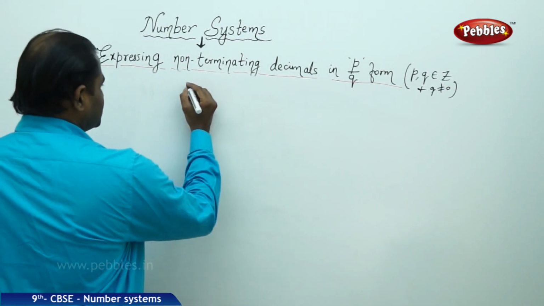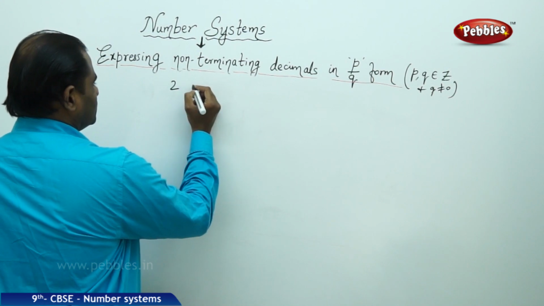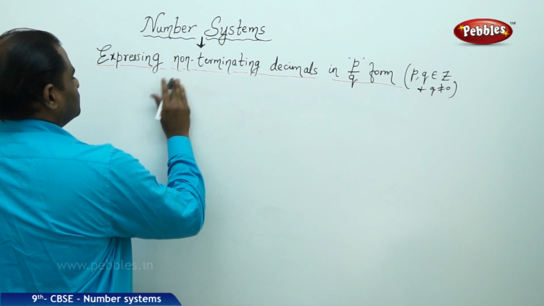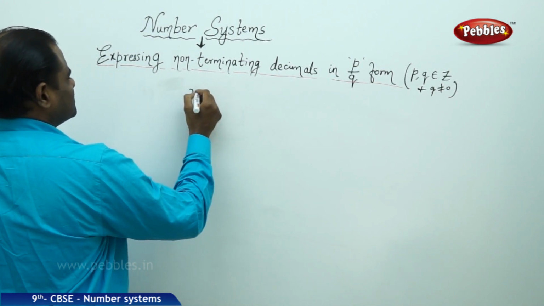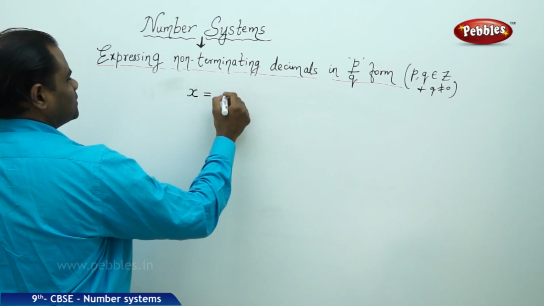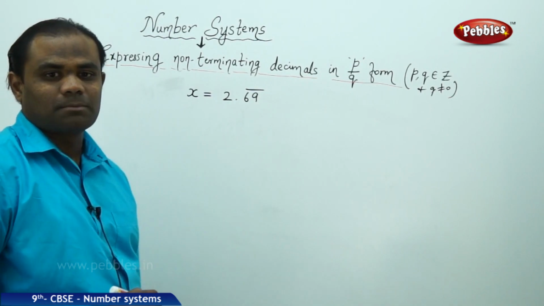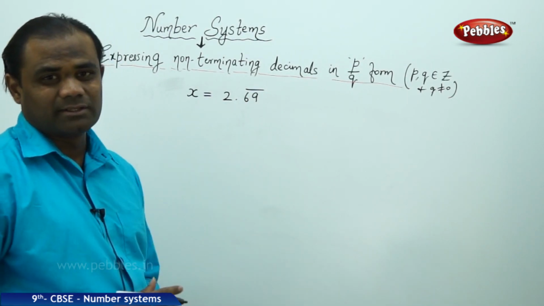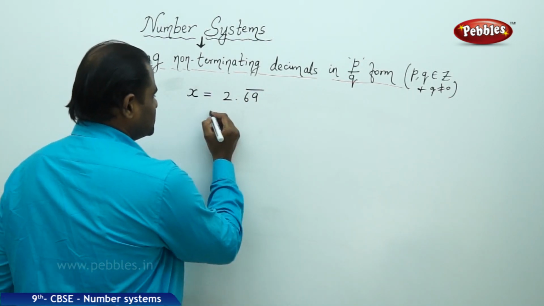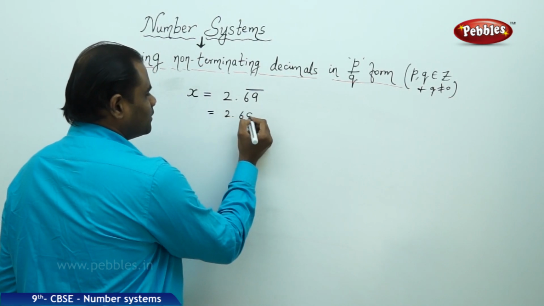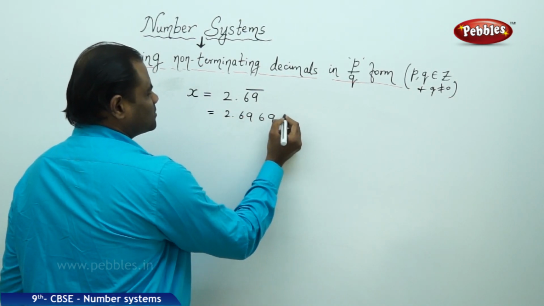For example, I take my value of x, which is 2.69 bar. Suppose my bar is over 2 digits, then the only thing I do is expand this, repeating the bar all the time.